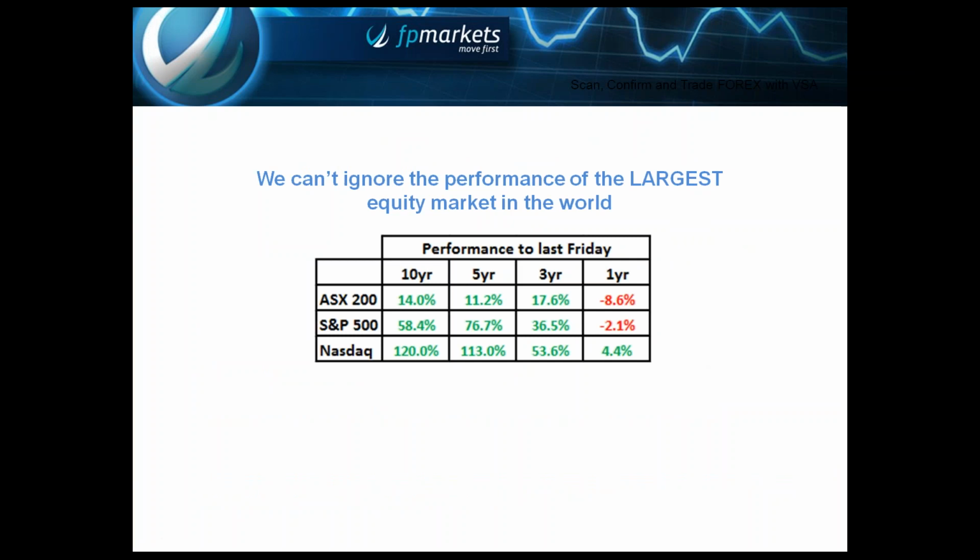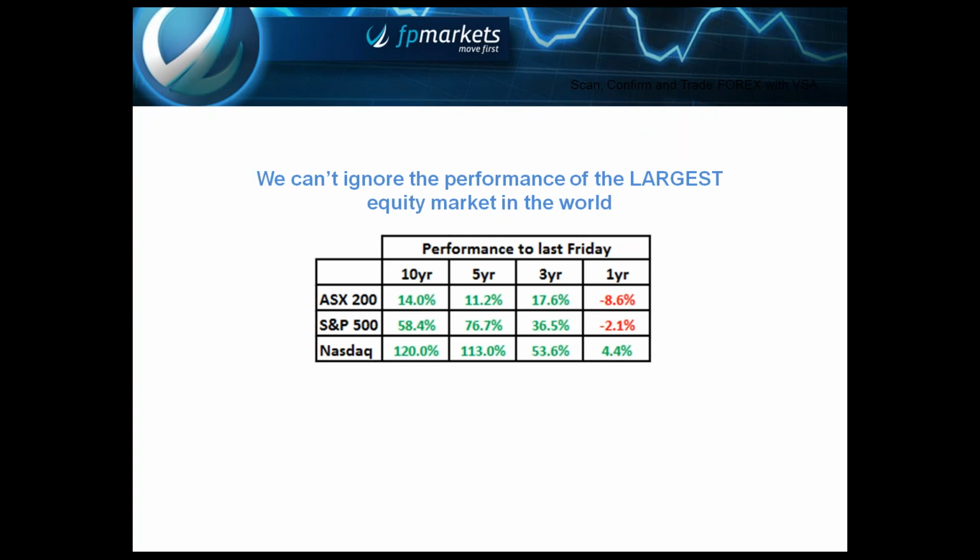So the 10-year performance for the Aussie markets is 14% or 1.4% per year over that 10-year time frame. When we compare that to the S&P was up over 58%, and the NASDAQ was up over 120%. So looking at that on a year-by-year basis, the S&P was up around about 6% every year for the 10 years, with the NASDAQ being up 12% every year for the past 10 years.